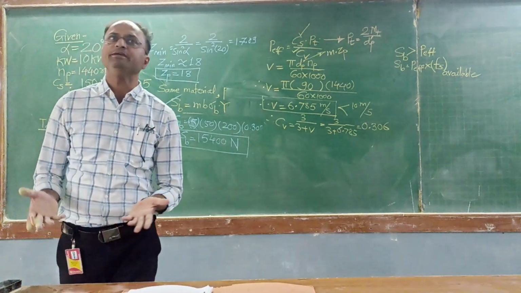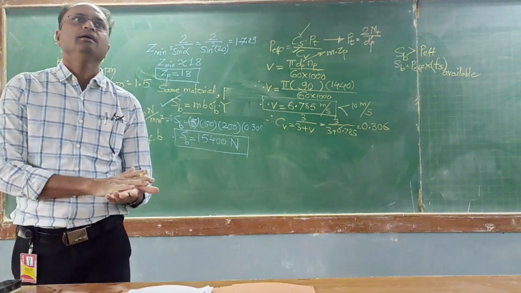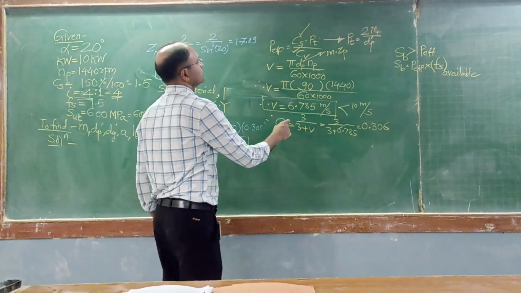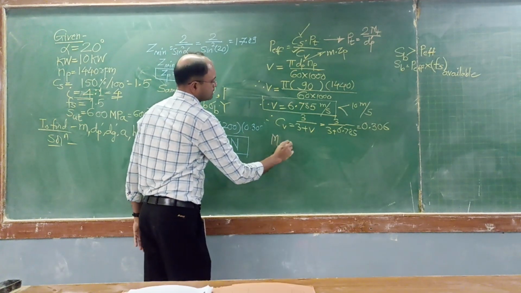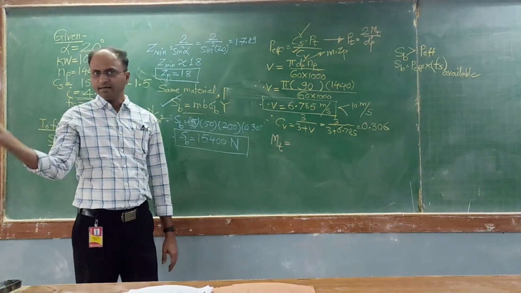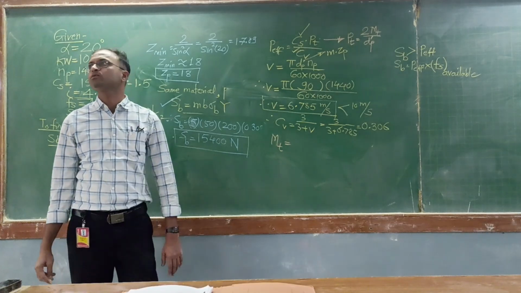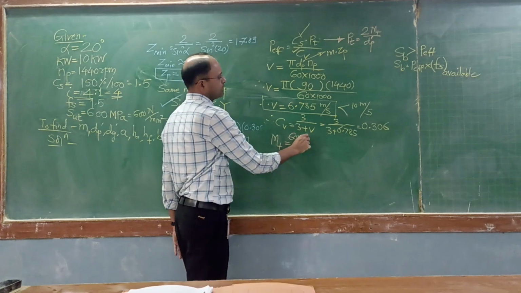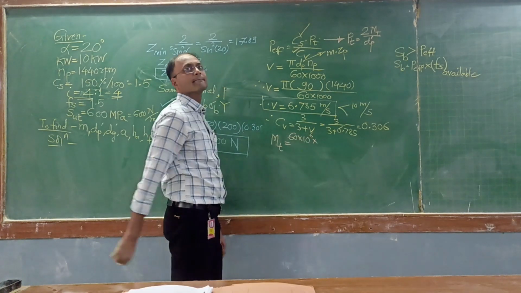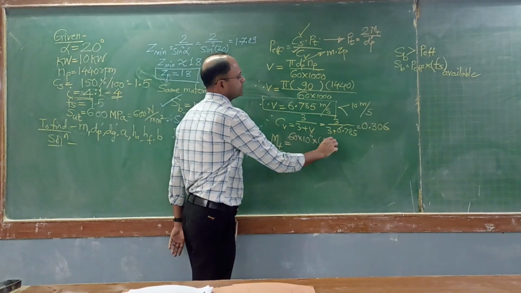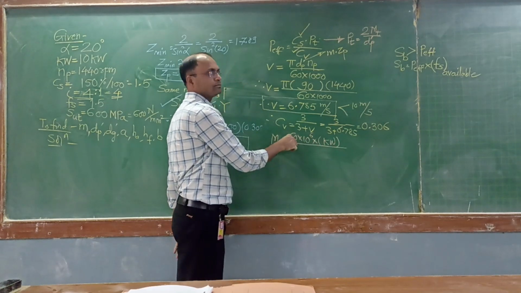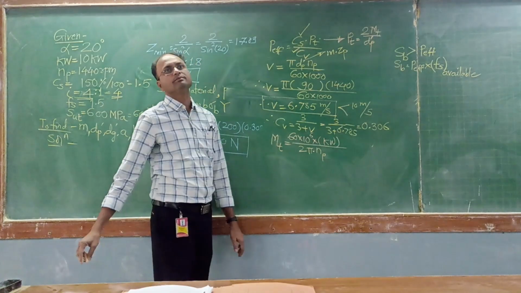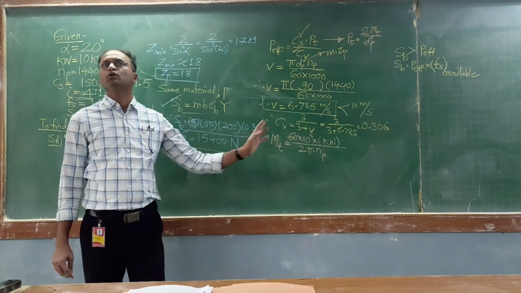Now, how to find mt? mt means twisting moment, the torque acting on the gear. You can write in words: torque acting on the gear. mt is equal to 60 into 10 raised to 6 into kilowatt, power given in kilowatt, upon 2 pi n p. Power equals torque into omega.